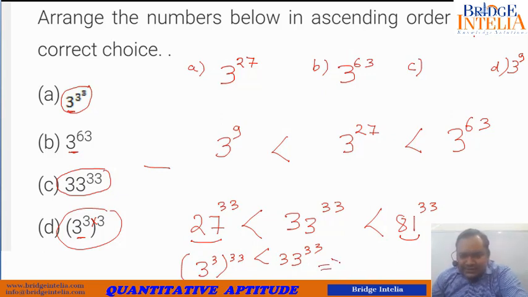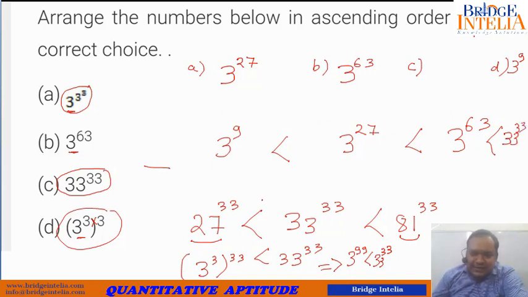So from here you can safely see that 3 to the power 99 is less than 33 to the power 33. So in fact, option C is the greatest one. So you have compared option C indirectly.